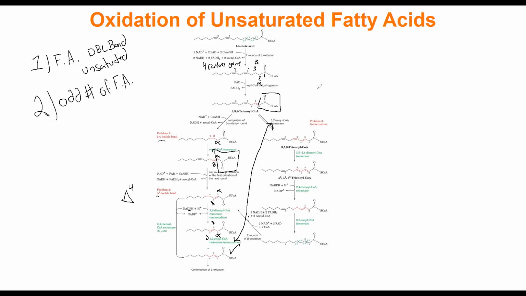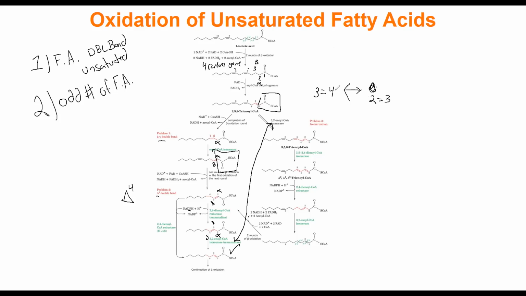What this enzyme does, it takes a 3,4 double bond and converts it to a 2,3 double bond. So it's just moving the double bonds between different carbons. But this is reversible. This enzyme can go either way. It can take a 2,3 and make it a 3,4.